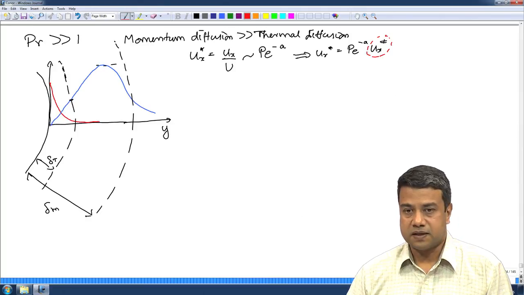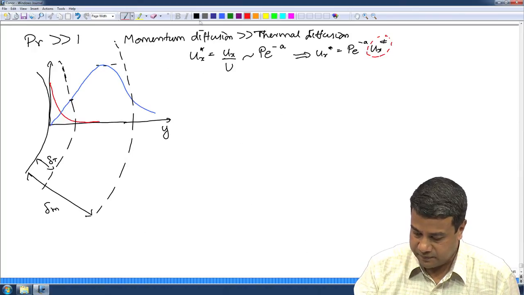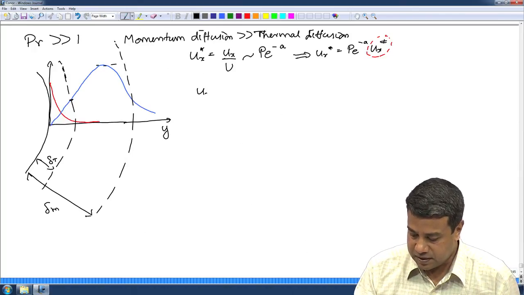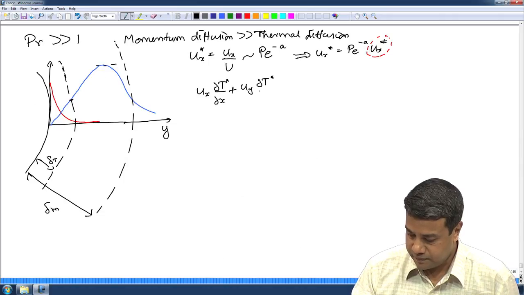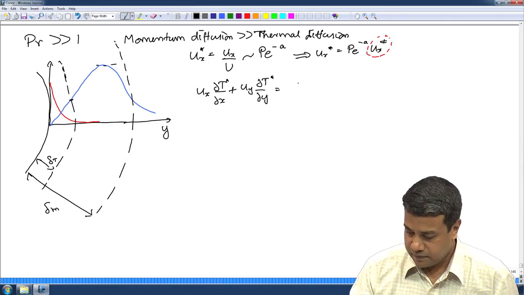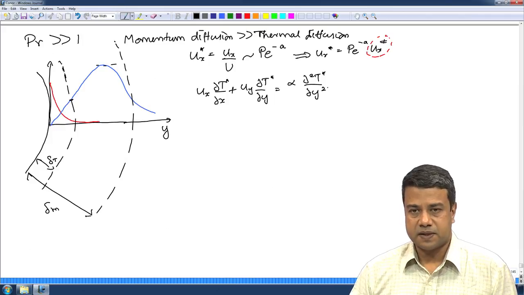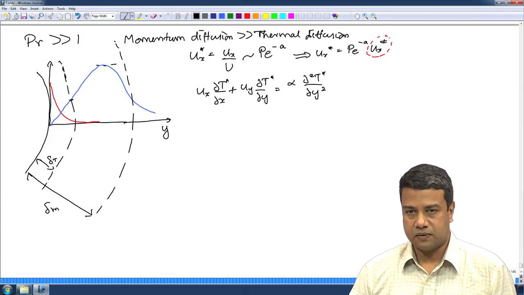So, the original balance equations which I had were of the form: the thermal balance equation was ux partial t by partial x plus uy partial t by partial y is equal to thermal boundary layer thickness partial square t by partial y square, or expressed in terms of the scaled coordinates.